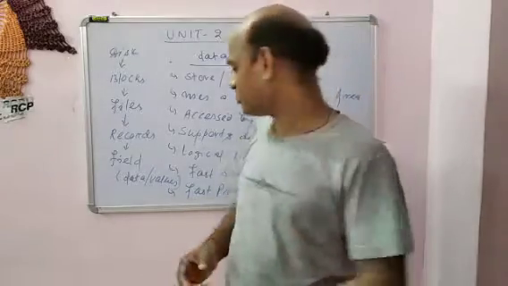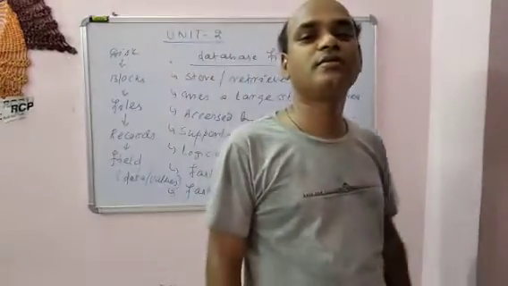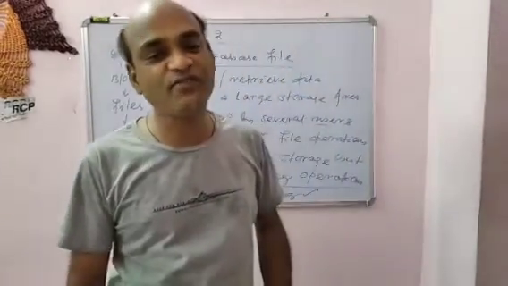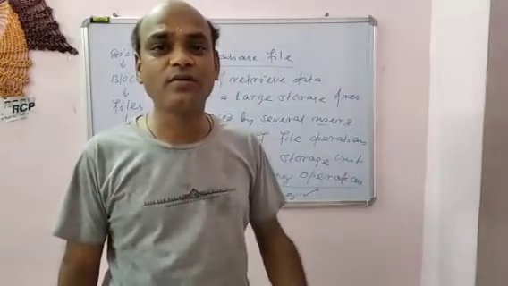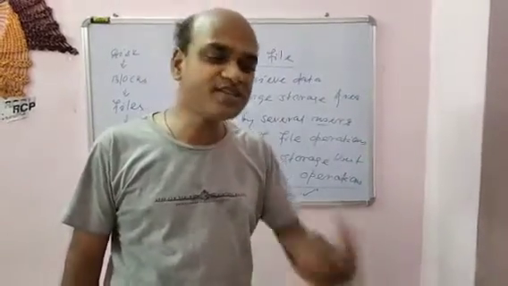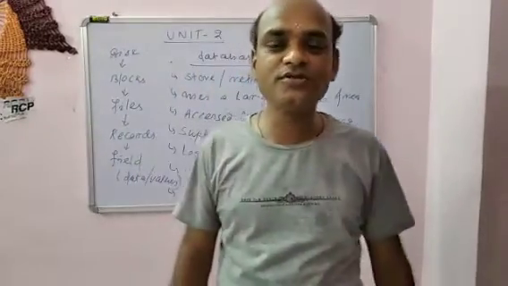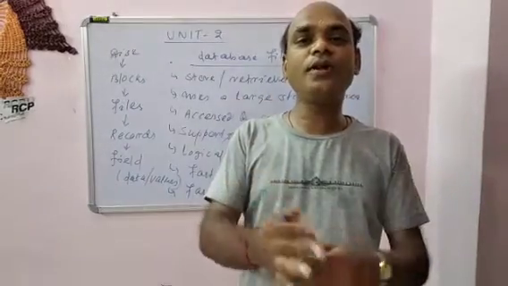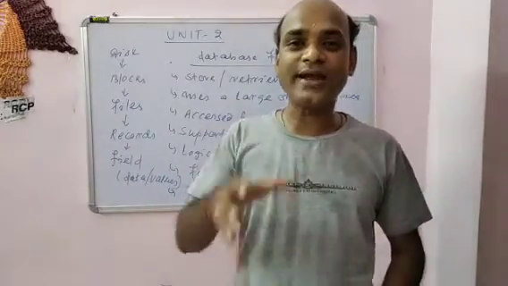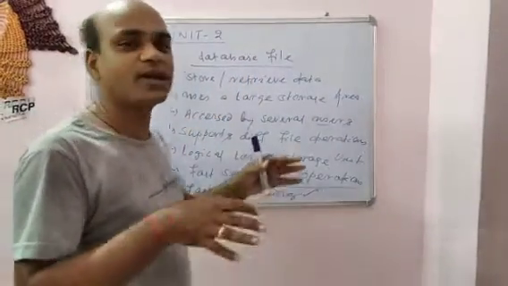So fast operation and fast processing. We can easily modify, fast modification, fast retrieval, flexibility, reliability, and efficiency. The system has become more efficient because it provides data according to our requirement. The right information can be accessed at the right time. That is why we are using a database file.